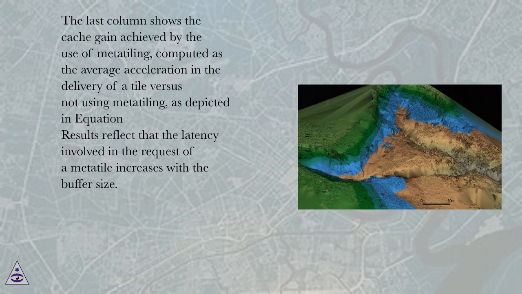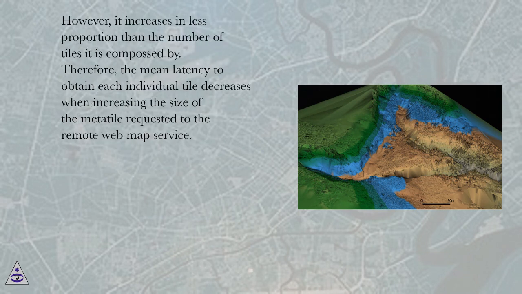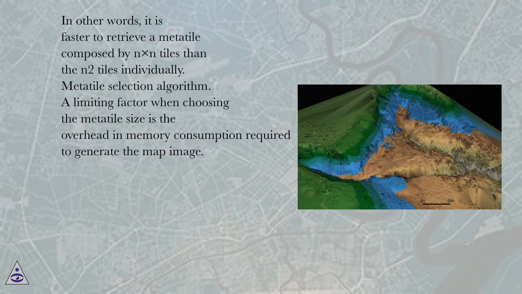Results reflect that the latency involved in the request of a metatile increases with the buffer size. However, it increases in less proportion than the number of tiles it is composed of. Therefore, the mean latency to obtain each individual tile decreases when increasing the size of the metatile requested from the remote web map service. In other words, it is faster to retrieve a metatile composed of n times n tiles than the n² tiles individually.